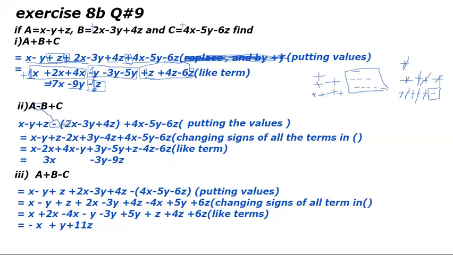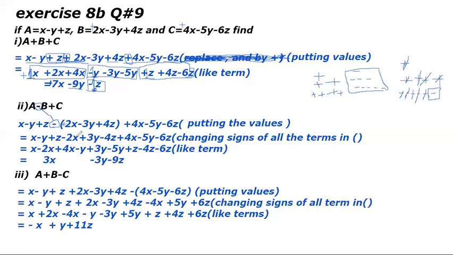In the next step, this positive 2x will become a negative 2x. Negative 3y will become positive 3y. And positive 4z will become negative 4z. And after changing the signs, we will remove the parentheses. Now there is no need to put parentheses after changing the sign.